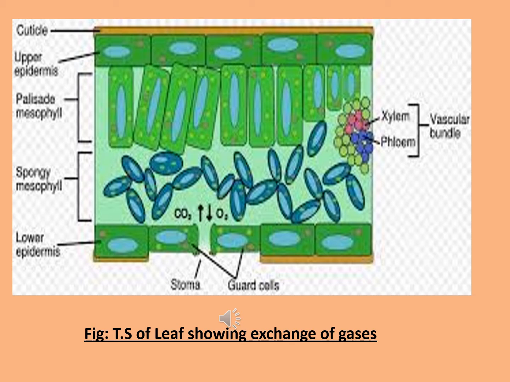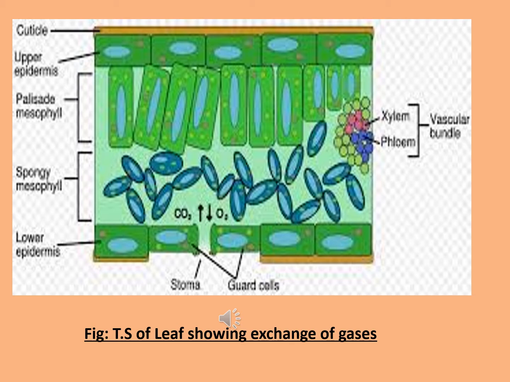We can see some pores in the epidermal layer. These tiny pores are called stomata, and these are not passive pores. Actually, they are guarded by bean-shaped cells that we can see in the figure, called guard cells.